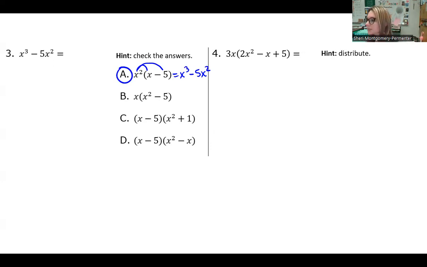Question number 4, it says to distribute. So we're going to distribute that in. What I would like for you to do is to do it on your paper. I'm going to do it up on the board.